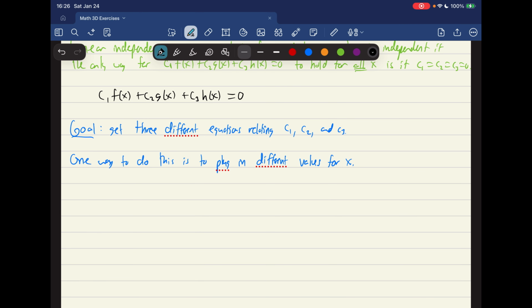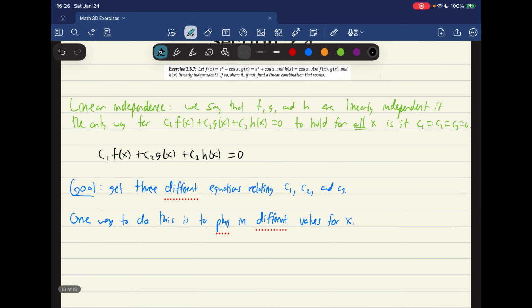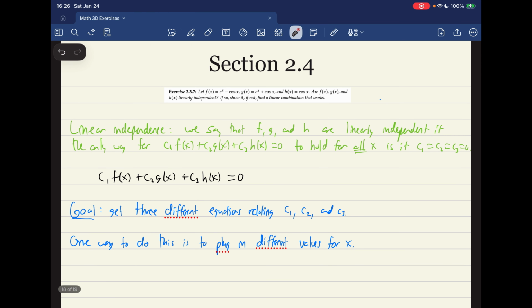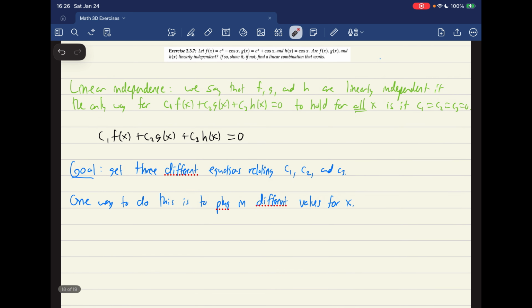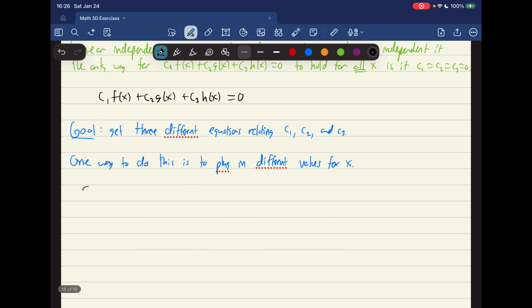So here, f of x is e to the x minus cosine x, g of x is e to the x plus cosine x, and h of x is just cosine x. We can see that if we plug in 0 for x in all three of these, we're going to get an equation.